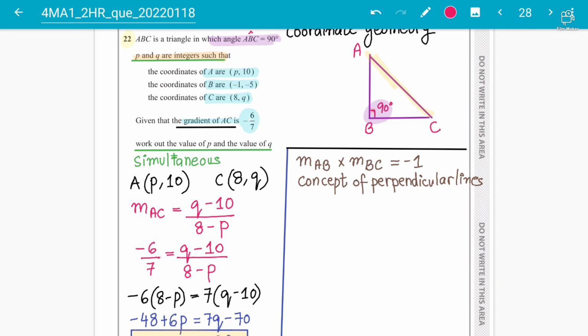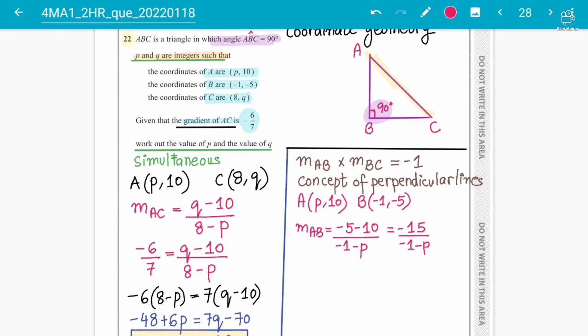So here we go. Let's just multiply and solve. What will be the gradient of AB? You're going to write down the coordinates of A, that is p comma 10, and the coordinates of B, that is -1 comma -5. The gradient of AB will be, follow very carefully, important calculations, y2 minus y1 divided by x2 minus x1. So I got -15 divided by -1 minus p.